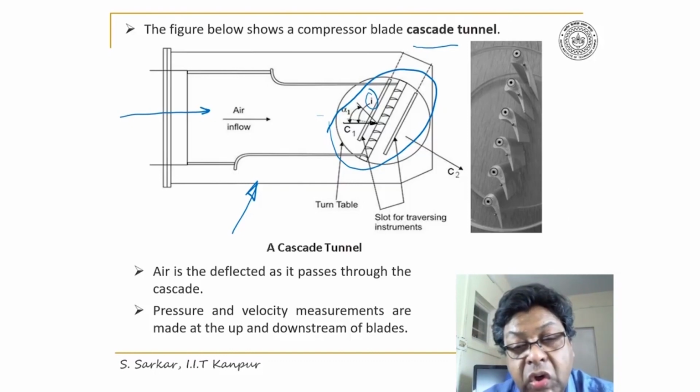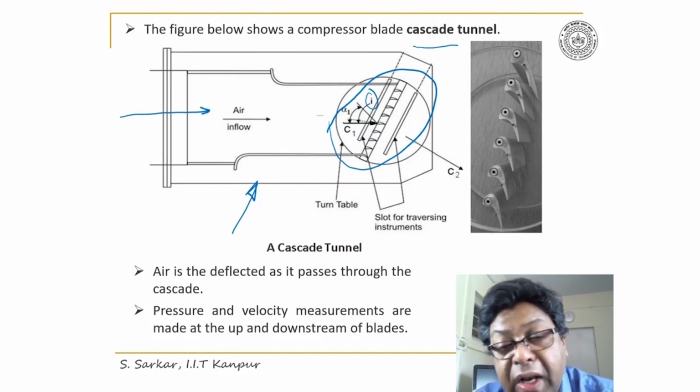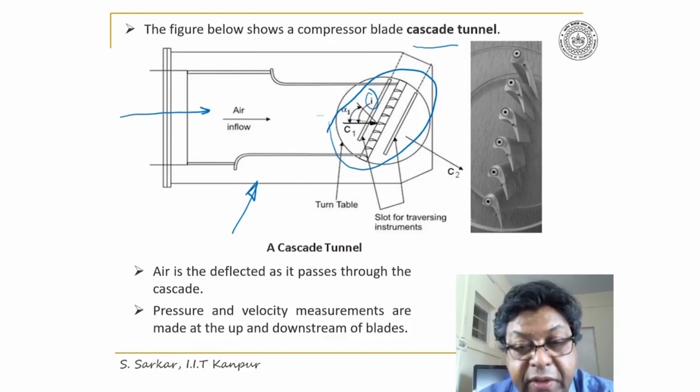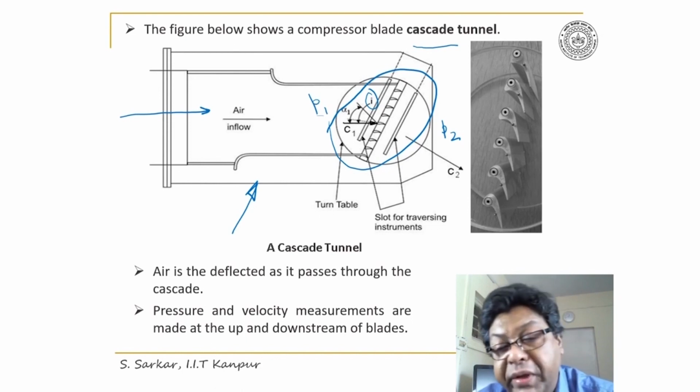Furthermore, the flow will either accelerate or decelerate following a turbine or a compressor blade. Therefore, the pressure at exit P2 will be different than P1, P1 being inlet pressure.